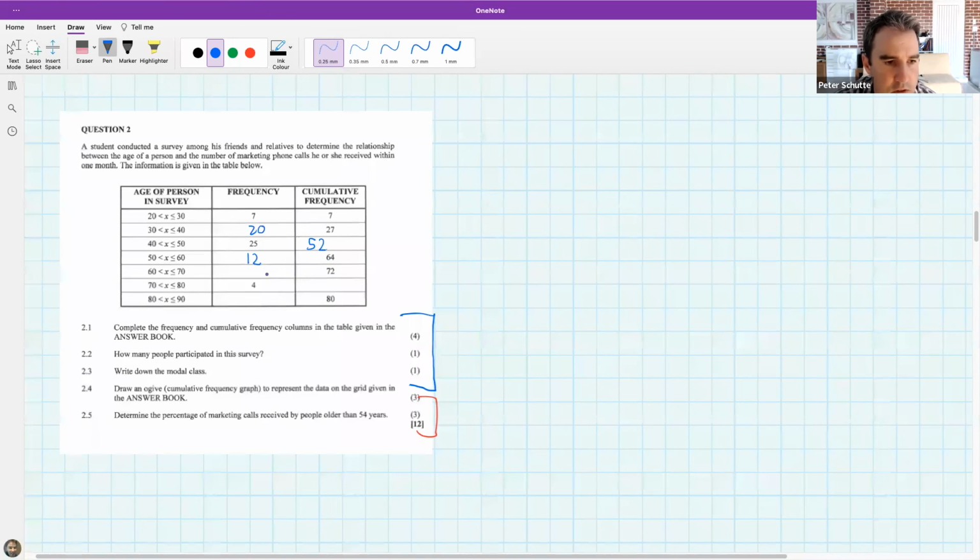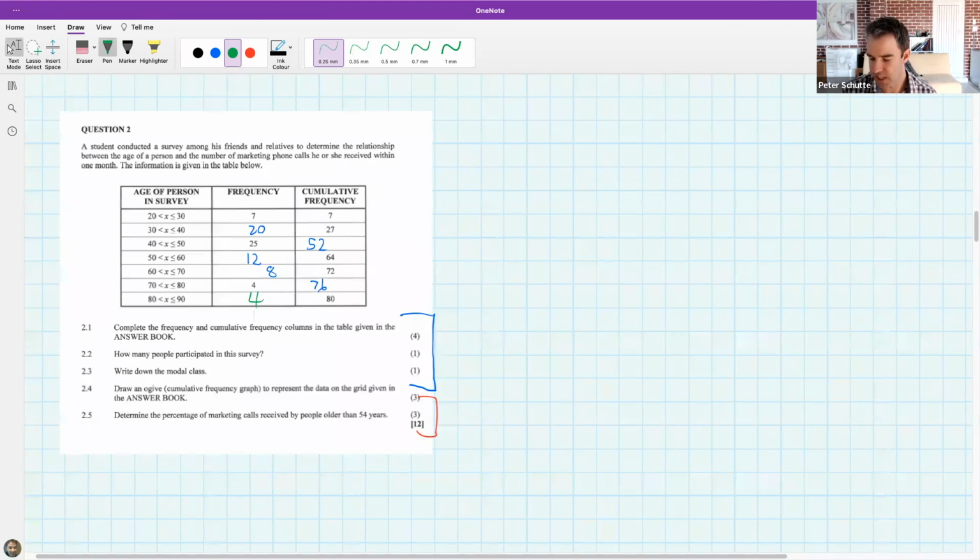And then this is going to have to be 8. And then this is going to have to be 76. What's the last one going to be? Yeah, so this one has to be 4.